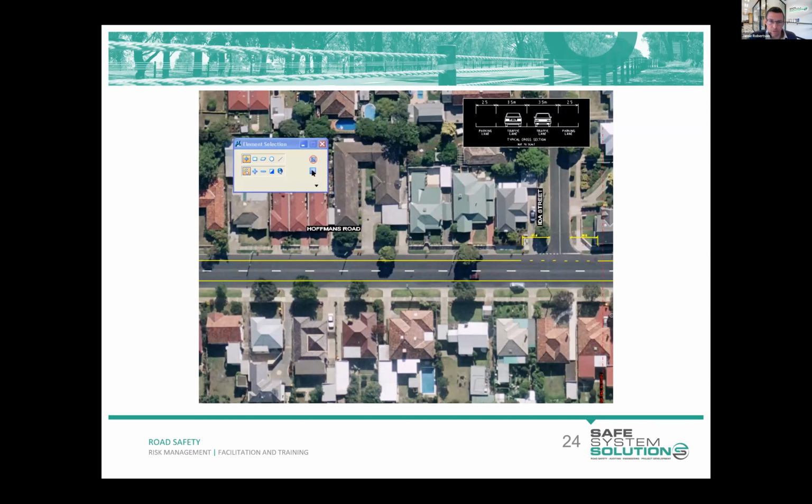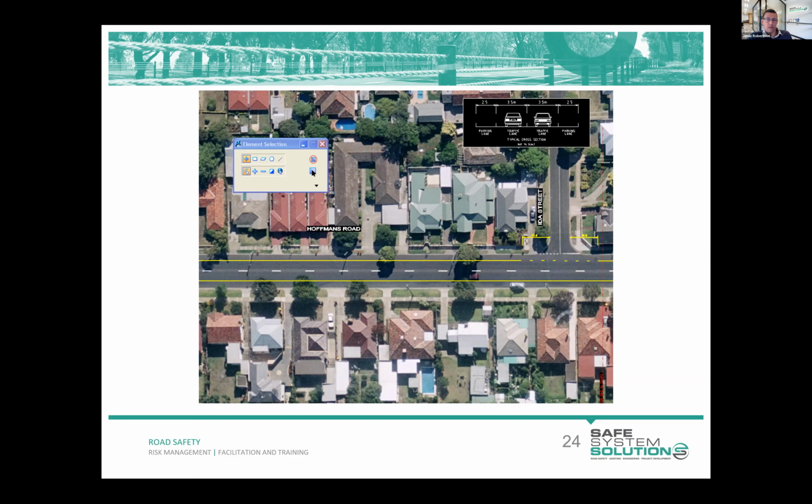Here's a little real life example in Melbourne where we had a fairly wide urban road with very limited pavement marking, where the width allowed the road in congested conditions to operate as a 4-lane road, which had its safety issues.